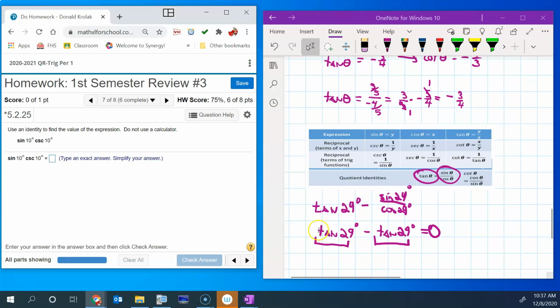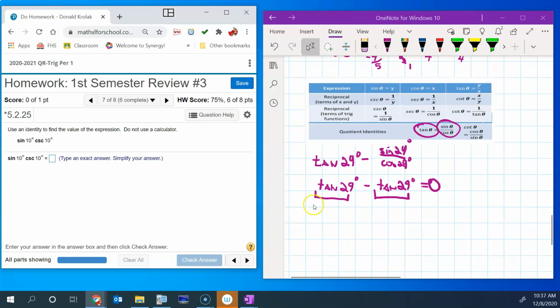All right. Number 7, we're doing the same thing. We're using these identities. So the sine of 10 degrees times the cosecant of 10 degrees.